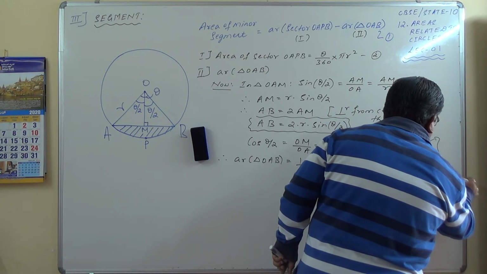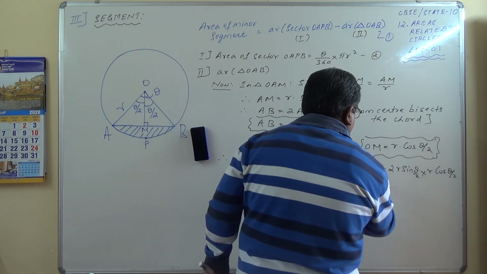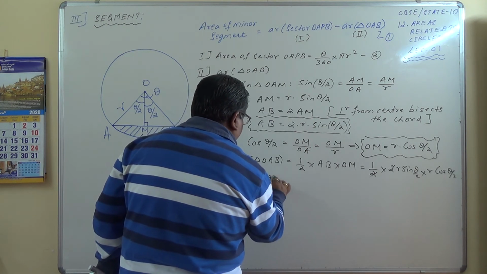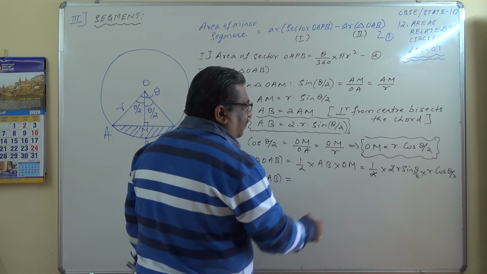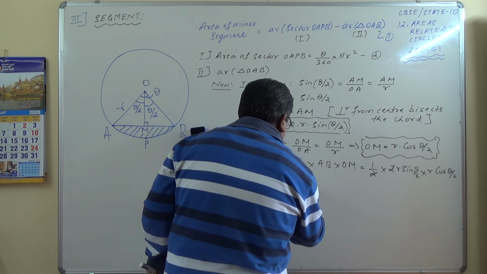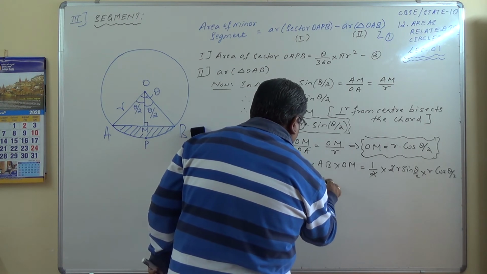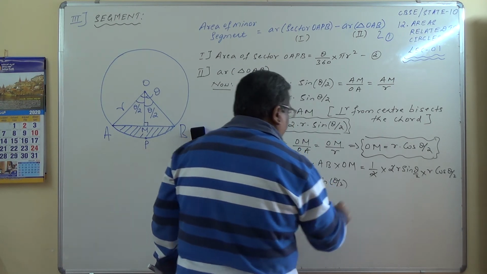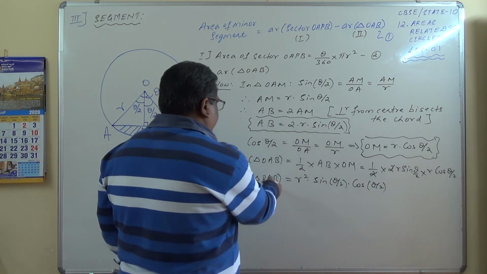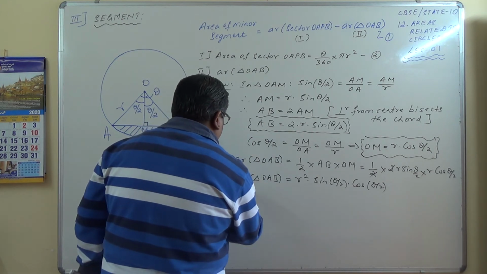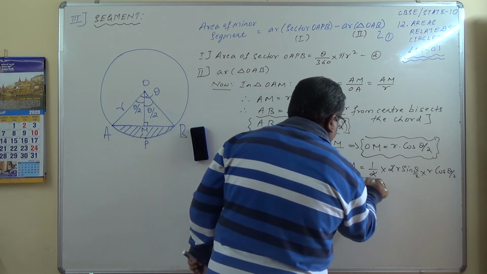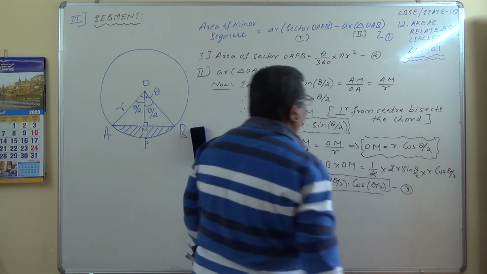Here 2 and 2 cancel, therefore the area of triangle OAB equals R square into sin theta by 2 into cos theta by 2. Mark this as 3.